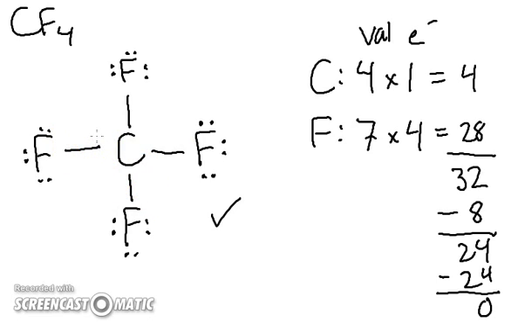And because each of those bonds is 2 electrons, we actually do have 8 electrons here, 4 times 2. So the carbon and fluorine each achieved their octets, but they did so in different ways. So since each atom here has the correct number of electrons, in this case octets for both, it passes that check as well. This means that we have found a good Lewis structure for our molecule and are done at this point.